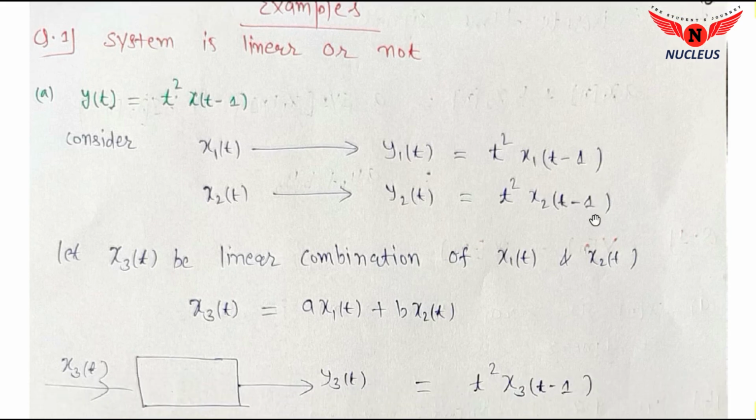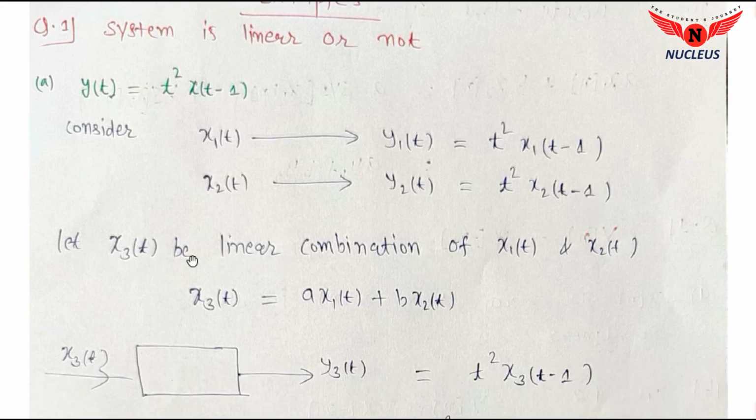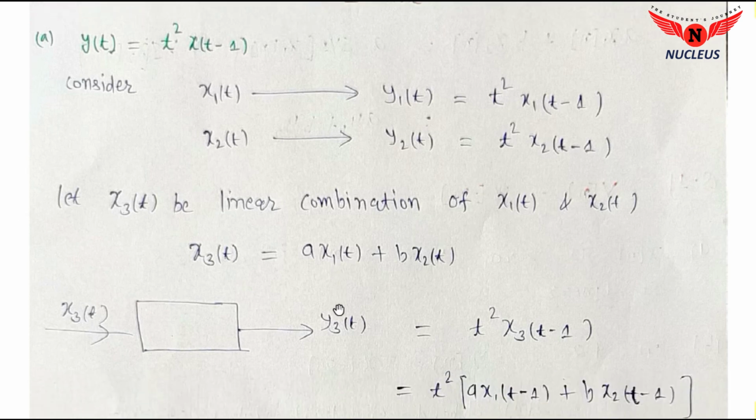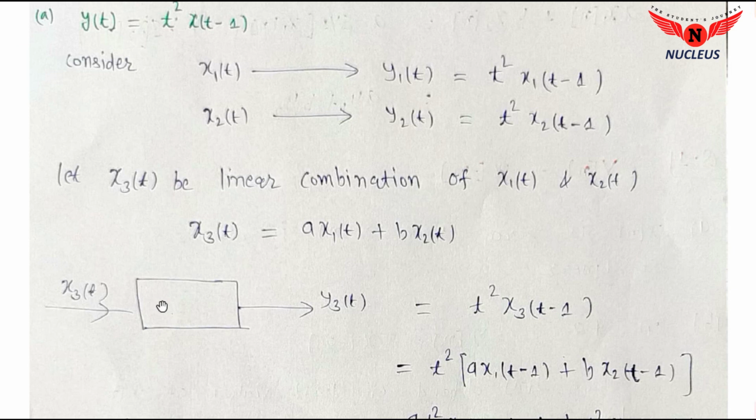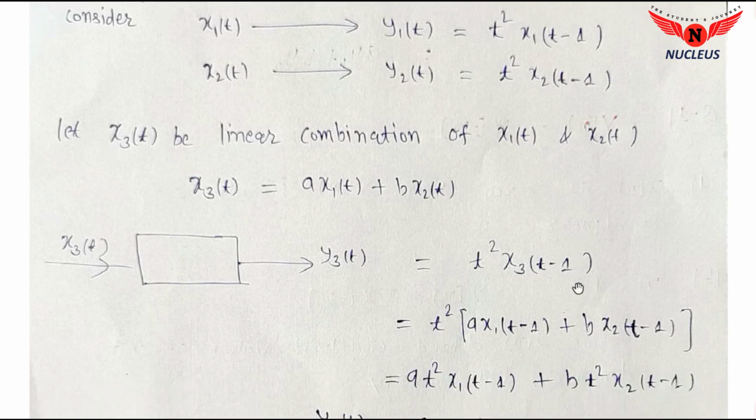Let's take x3 as a linear combination of x1 and x2. So x3(t) equal to ax1(t) plus bx2(t), and this goes into the system. So we will get y3 equal to t square x3(t-1). If you put the value of x3, we will get t square [ax1(t-1) plus bx2(t-1)].